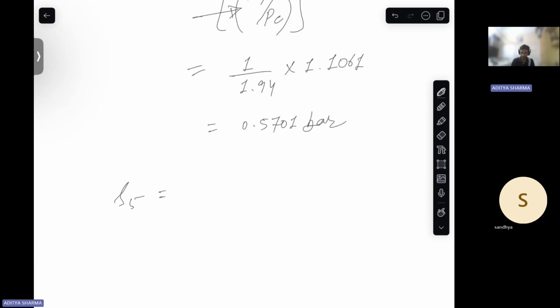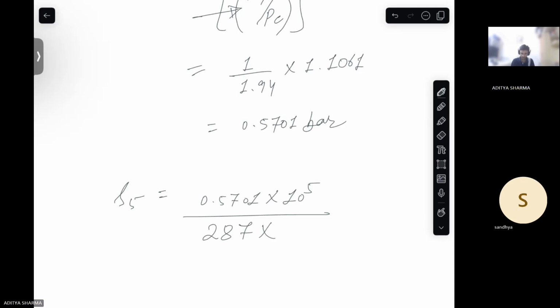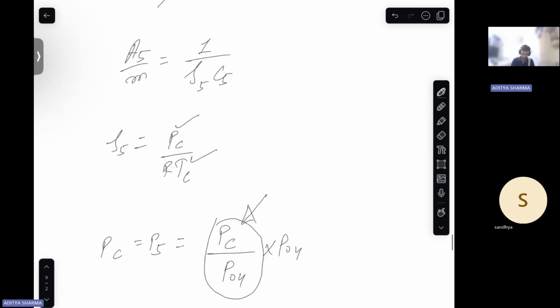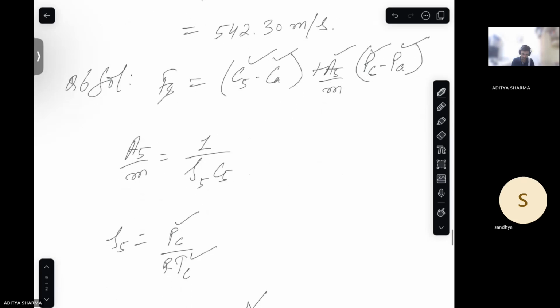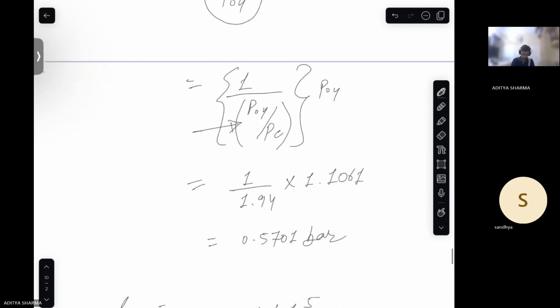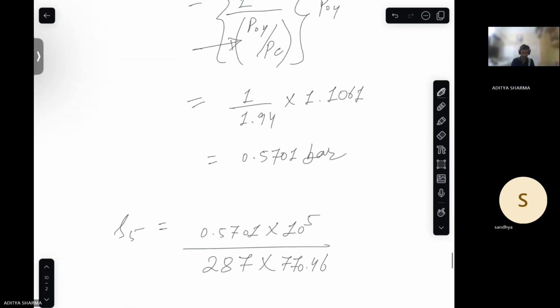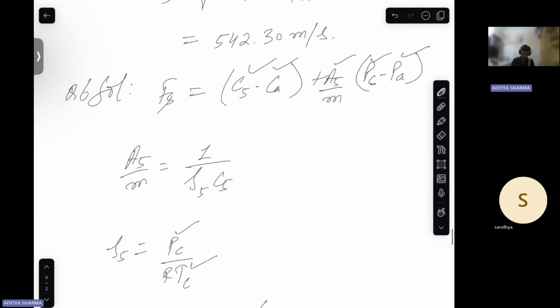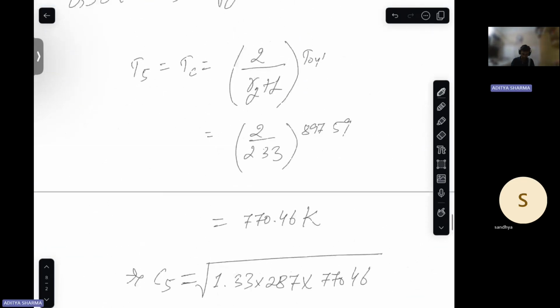Rho 5 is PC, 0.5701. Because this is in bar, we will convert it into pascals. Then in denominator R TC, R is 287, TC is 770.46 Kelvin. So TC we have calculated in the previous question.